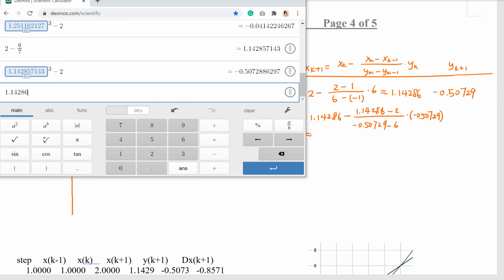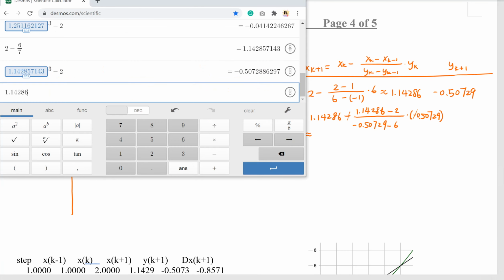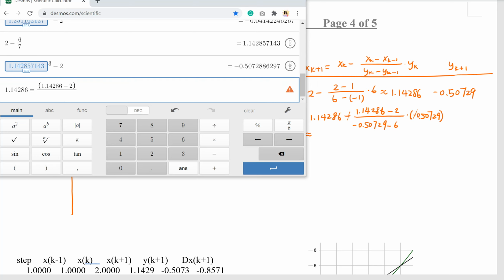1.14286 minus. Can you see that this minus and this minus cancel? We can think about this as just plus. And then on top we have 1.14286 minus 2, divided by the bottom.